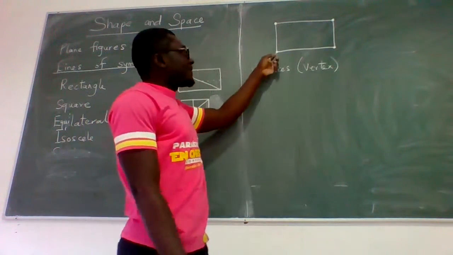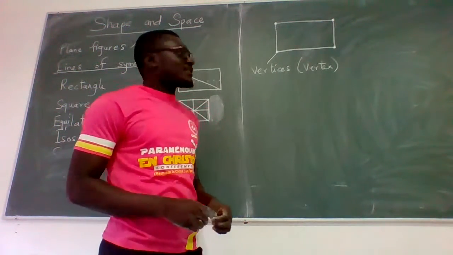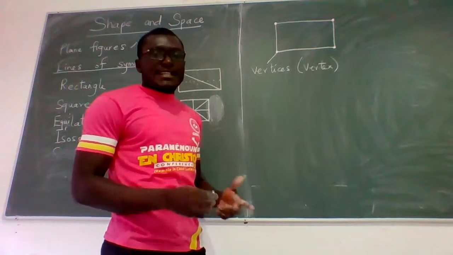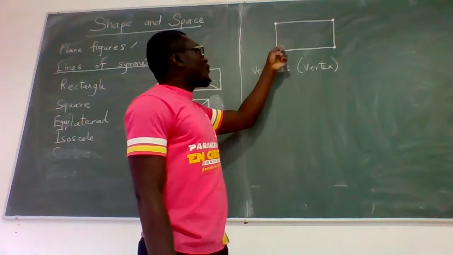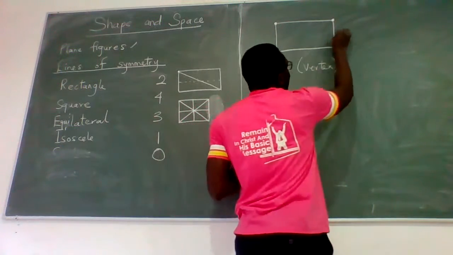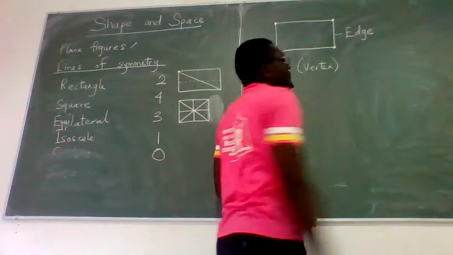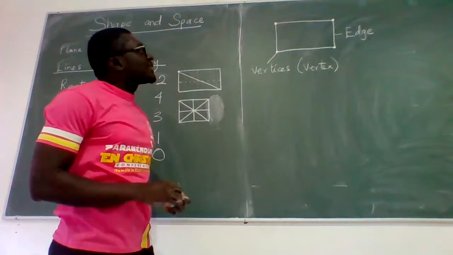So one is a vertex, but when you put all 4 together, then we have vertices. Now that line that joins one vertex to the other vertex is what we call an edge.